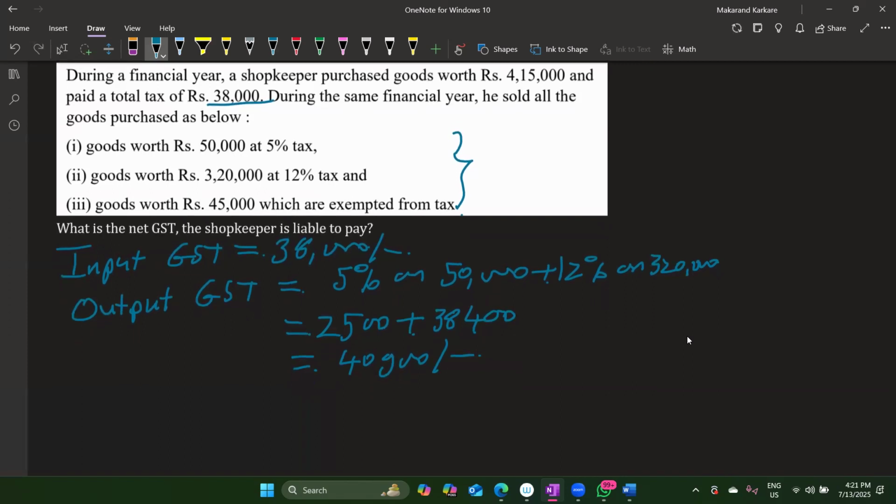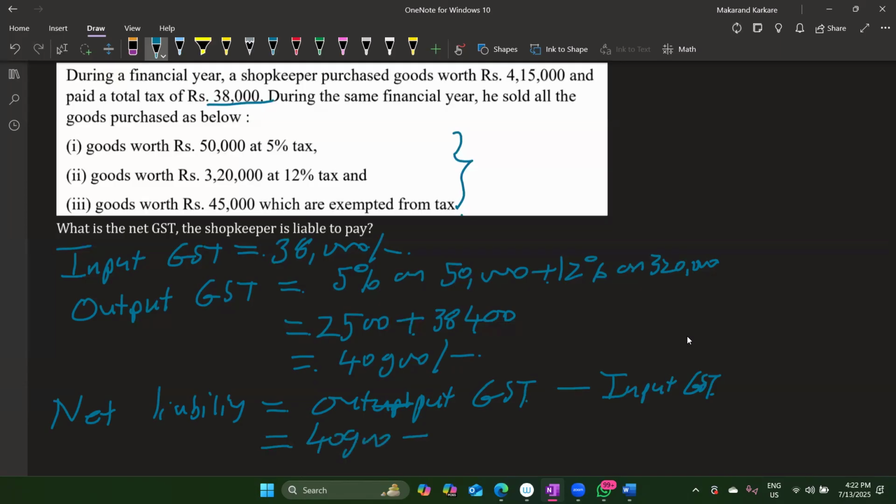Now remember, in GST, it is a tax only on value addition. And so whatever is the tax on your input, you are exempted from that when it comes to paying tax on output. So net liability is equal to output GST minus input GST, which is going to be 4,900 minus 38,000.